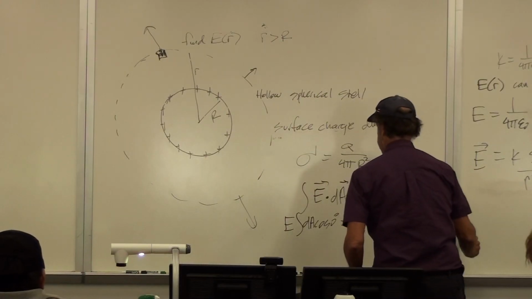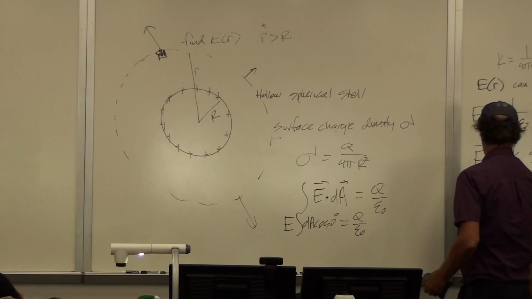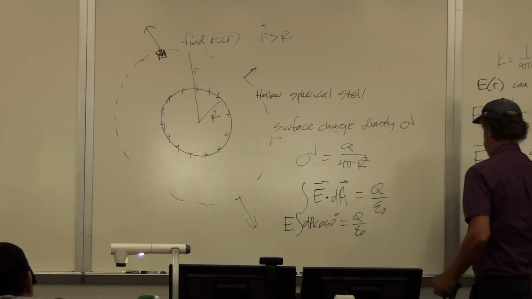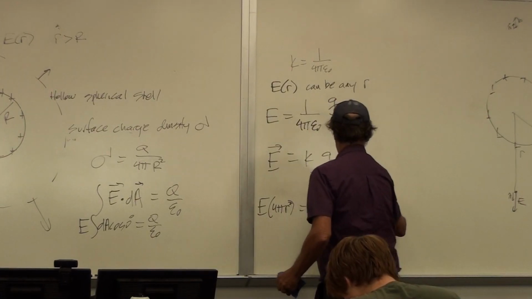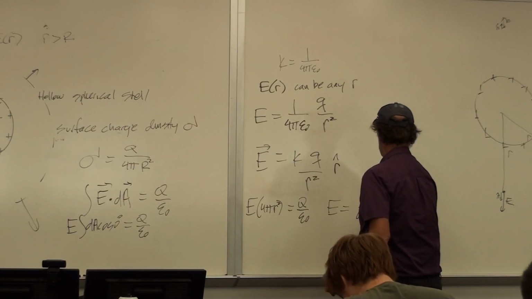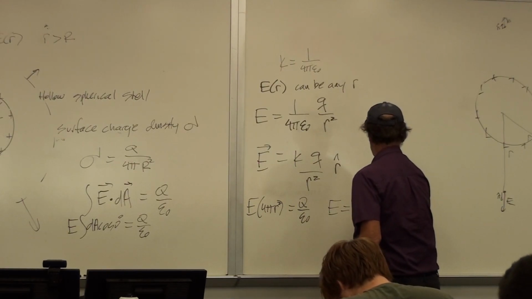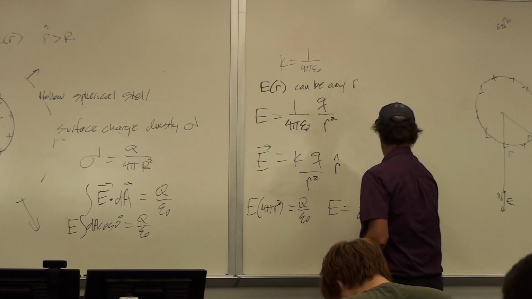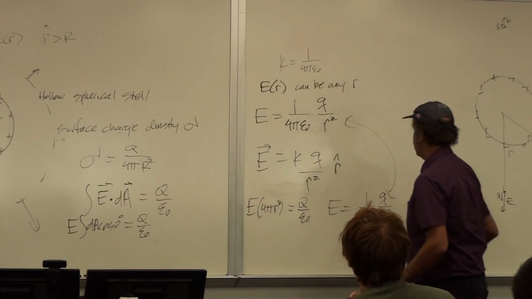So this gives us E times 4 pi r squared equals Q over epsilon naught, where E is just equal to 1 over 4 pi epsilon naught r squared times Q. Same thing as before. No difference.